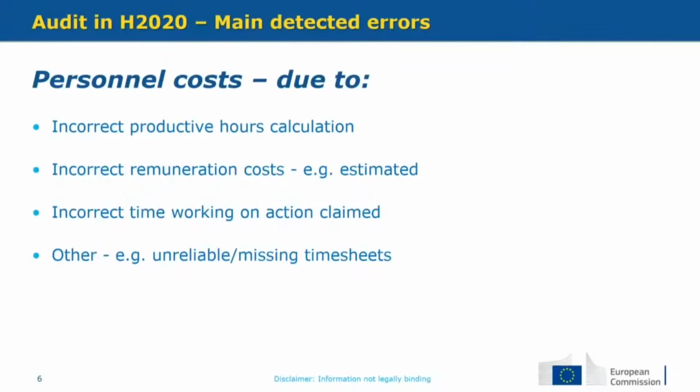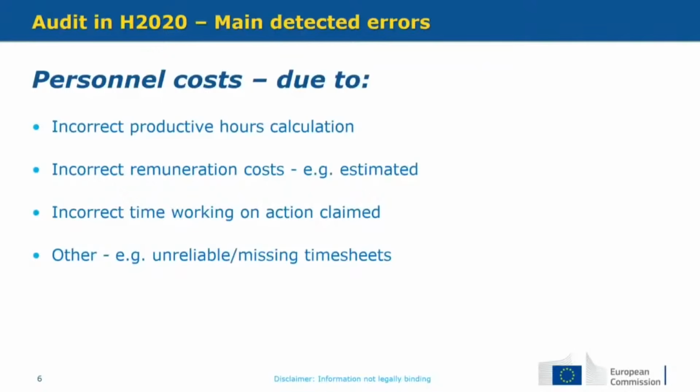I think we have a slide later on about this, but this is referring basically to the three options to calculate productive hours and to the correct application, especially of the second and third options, meaning the individual productive hours or the standard productive hours, which have some conditions to respect. So either the conditions are not entirely respected or the errors refer especially to these conditions. Option one, obviously, could be used, so we have fewer errors there.